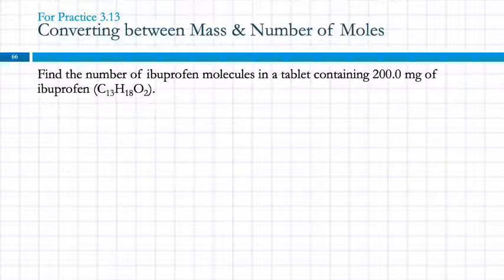These end up being dimensional analysis problems. So we've got a number. Let's write it down. We've got 200 milligrams of ibuprofen. And what are they asking us to find? Number of molecules.